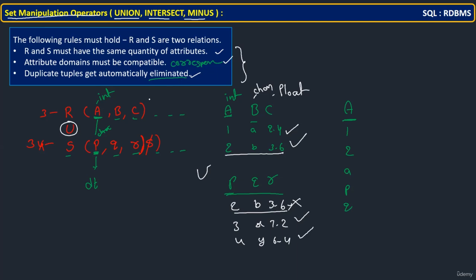The number of attributes in the first relation and the second relation must be the same, corresponding domains must be the same, and duplicates are automatically eliminated. If you ensure the first two, the third is ensured by SQL. So these are the rules for using set manipulation operators.